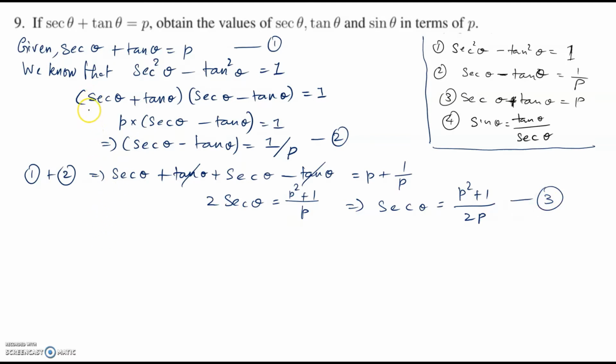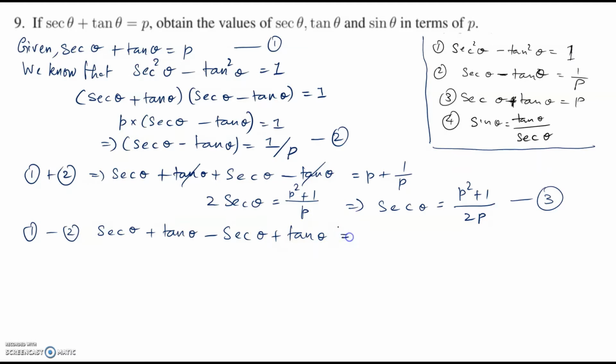Then if you're going to subtract 1 minus 2, so let's do 1 minus 2. Then we get secant theta plus tan theta minus secant theta plus tan theta.